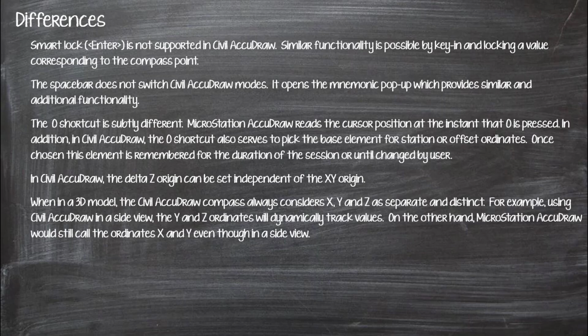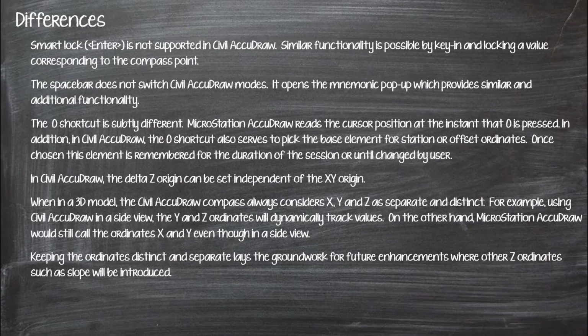When in a 3D model, the Civil Accudraw compass always considers X, Y, and Z as separate and distinct. For example, using Civil Accudraw in a side view, the Y and Z ordinate will dynamically track values. On the other hand, MicroStation Accudraw would still call the ordinate X and Y even though in a side view.